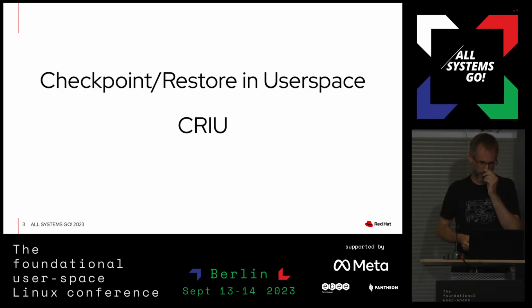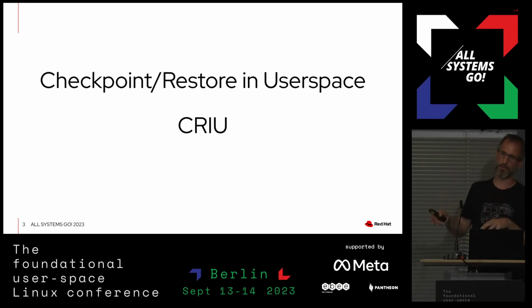Checkpoint restore in user space, CRIU, is the tool we're using. The reason for the name is that checkpoint restore is a technology which exists for many years, also in Linux, over 20-25 years at this point, I guess. It was mainly coming from high performance computing initially, and there were different approaches.